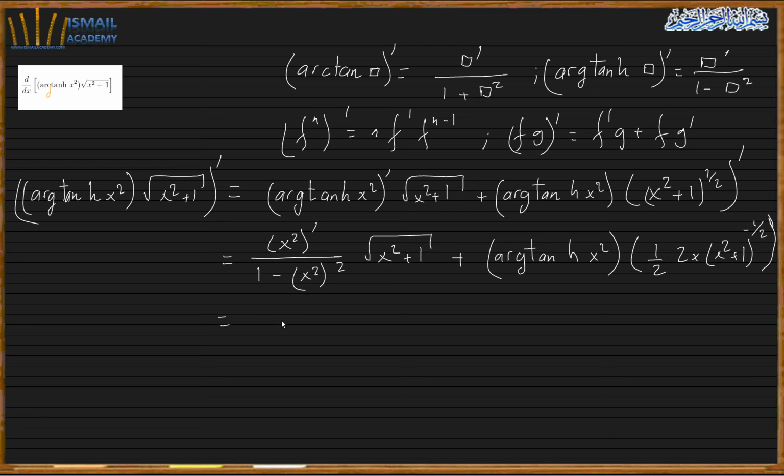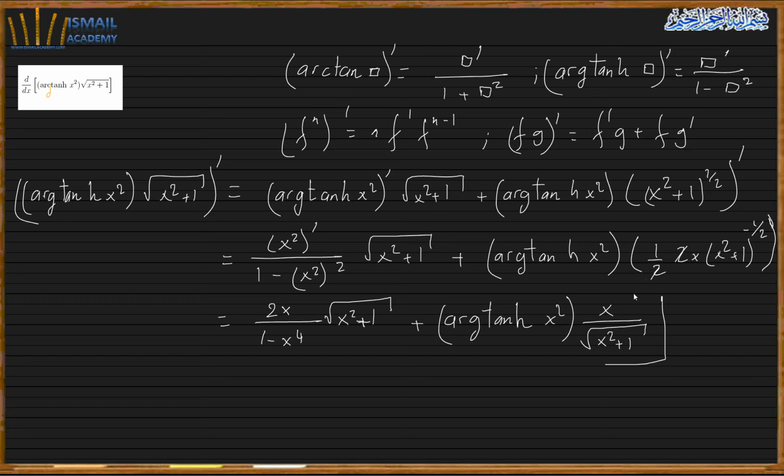So now the derivative here is 2x over 1 minus x to the 4 times square root of x squared plus 1, plus arc tangent hyperbolic of x squared. Here I simplify this. This is minus, move it down, so it's going to be x over square root of x squared plus 1, and this will be your answer.